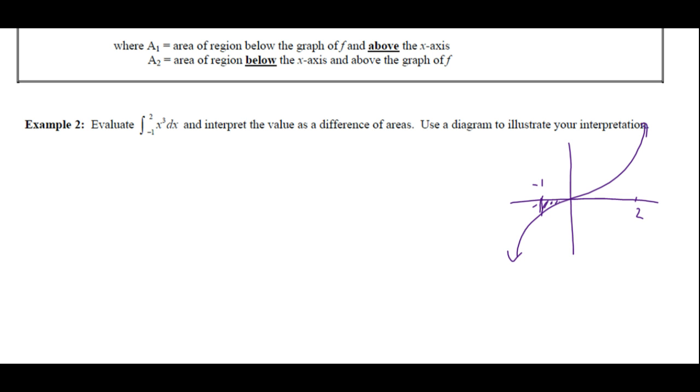So if that's negative 1, we've got this. And 2, we've got this. So do we expect to end up with a positive or a negative answer? Positive answer, right? We've got a greater area above than we do an area below.